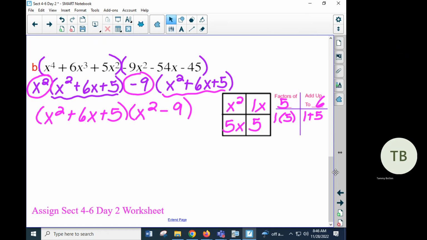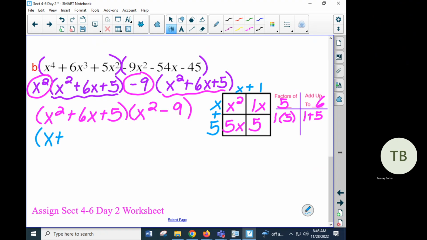And then the way I'd get x squared is x and x. What times x is 1x, that's 1. X times what is 5x, that's 5. So on top here, I put plus. Here I have plus. So I do x plus 1 times x plus 5.